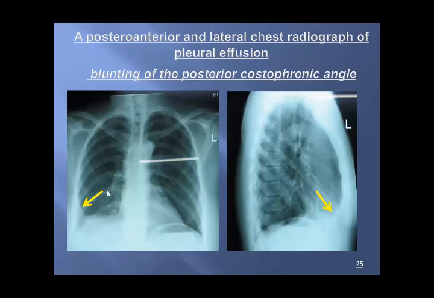But if you go on the right side, there is opacification or obliteration of the costophrenic angle here, with a concave border. And a concave border always shows that there is some type of fluid, which has accumulated in the pleural cavity, and due to capillary action, it has also gone upward along the lung margin.